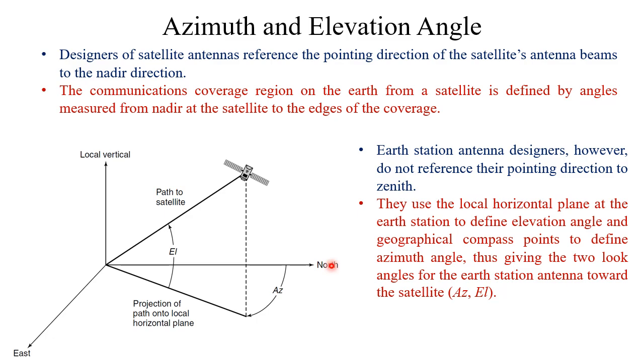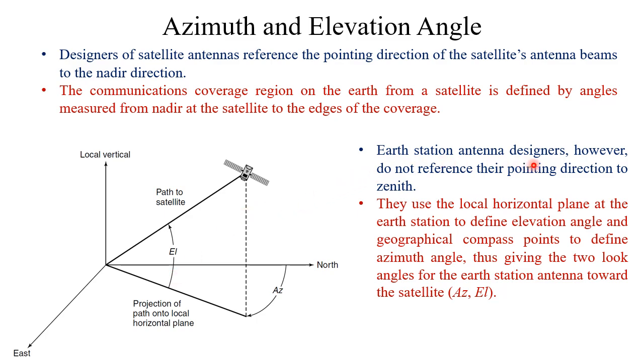Now to locate the position of the satellite from this point, we require two angles. One is the azimuth angle that is measured from the north direction in the horizontal plane, right? And another is the angle measured in the vertical direction from the local horizon. This angle is called the elevation angle.